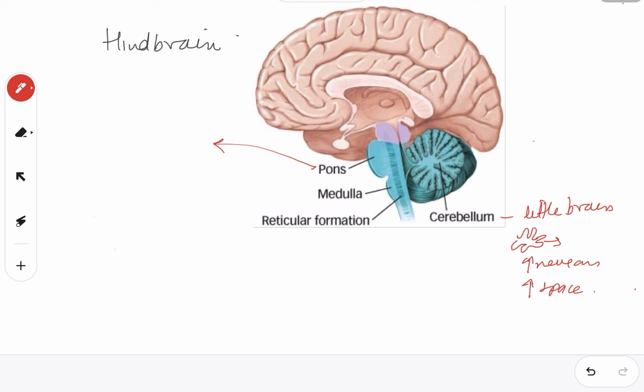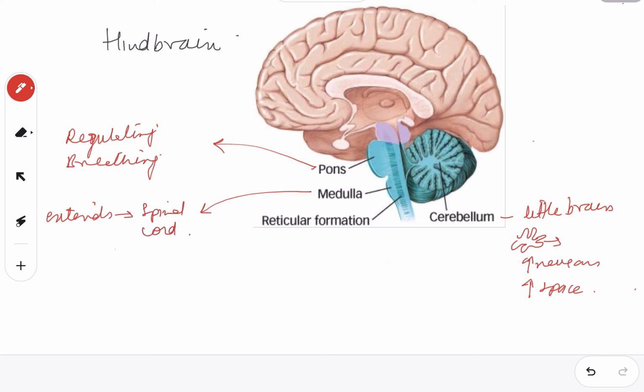Then you have the pons. Now the pons is responsible for regulating the breathing. Then you have the medulla. Now the medulla extends into the spinal cord.